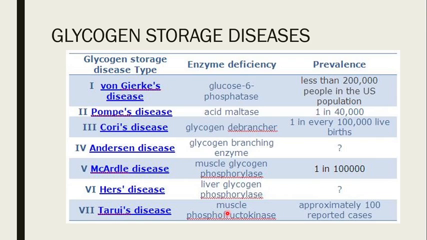Next is your muscle phosphofructokinase. So this is the one responsible for metabolizing our fructose 1,6-bisphosphate into different products, such as your glyceraldehyde and dihydroxyacetone. So all of this is about carbohydrate metabolism, and this is the most popular or favorite topic in your board exams.